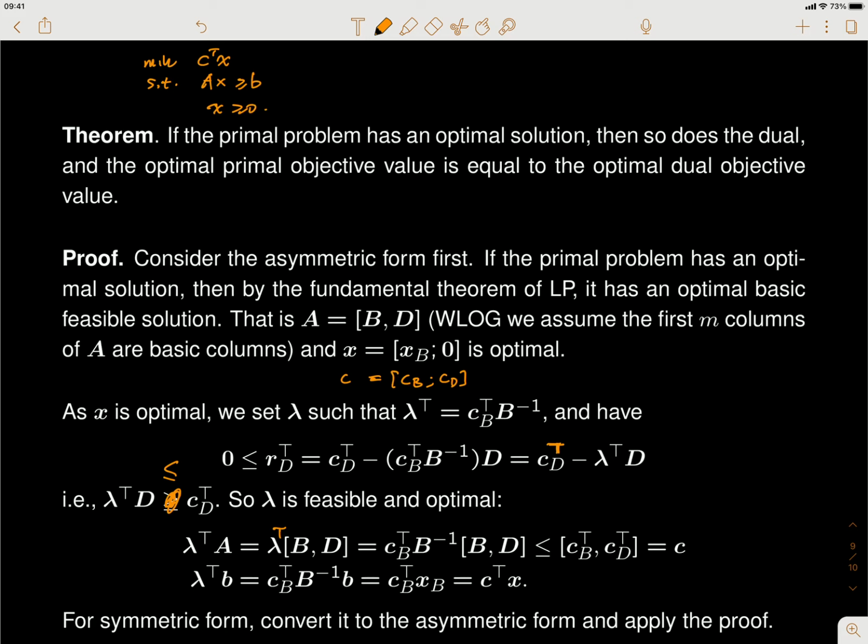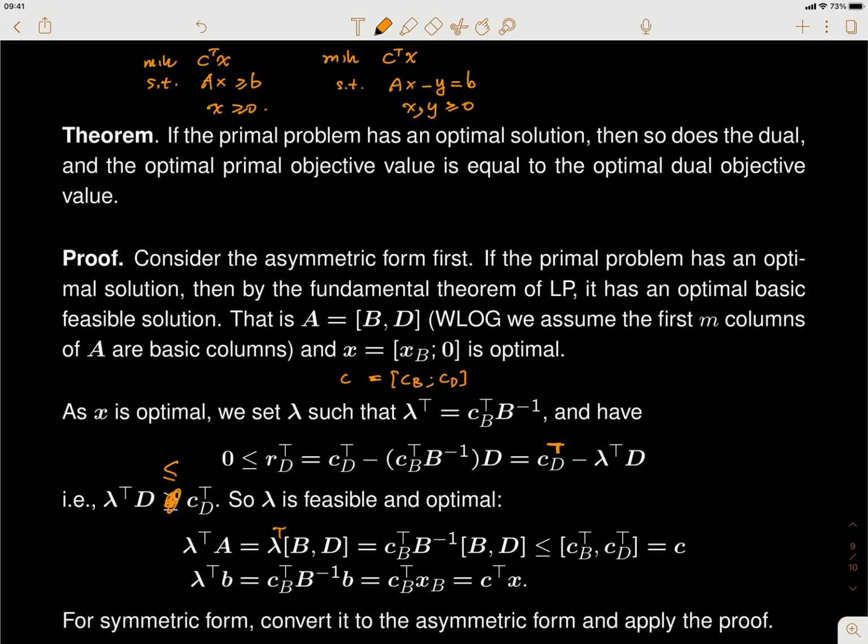So in this case, we can just introduce the slack variable or the surplus variable: minimize C transpose X, subject to AX minus Y equal to B, where X and Y are both greater than or equal to 0.